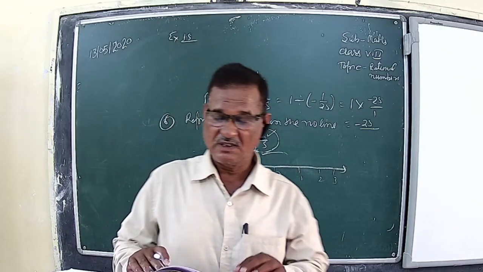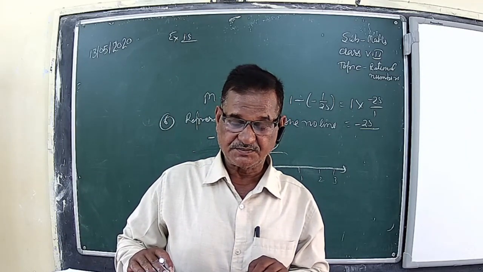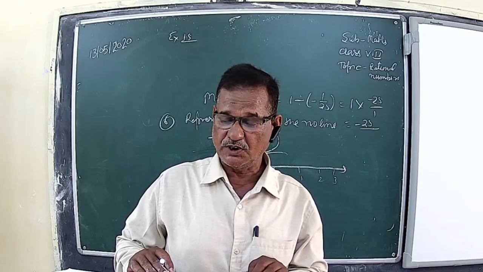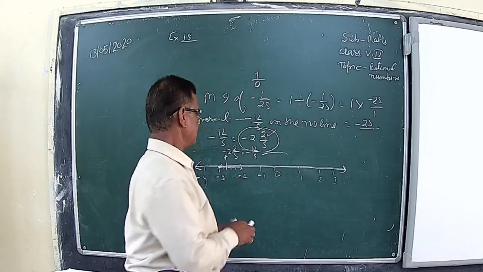Next is, find 10 rational numbers between 2 by 3 and 3 by 4 using equivalent rational numbers. So see this question, boys.